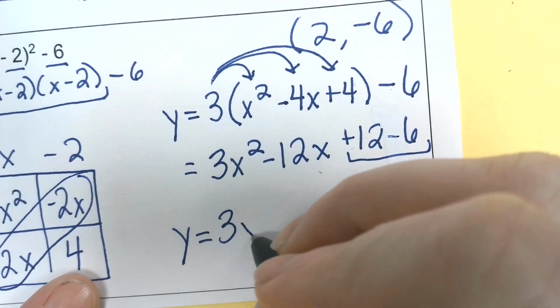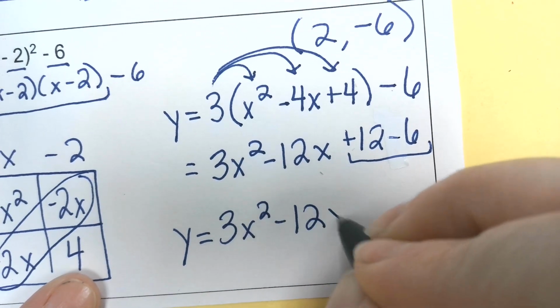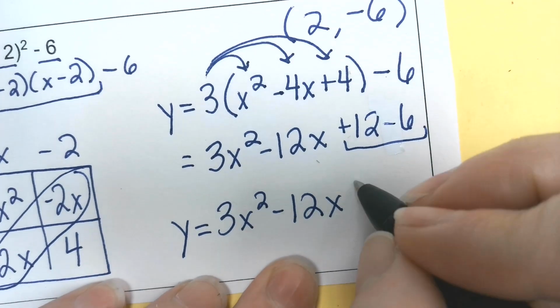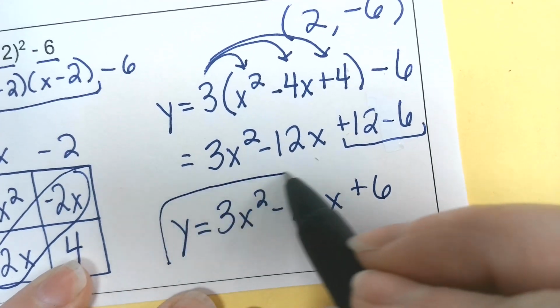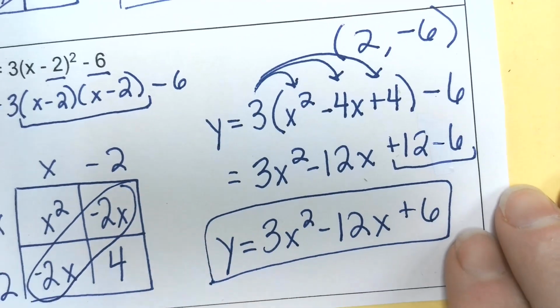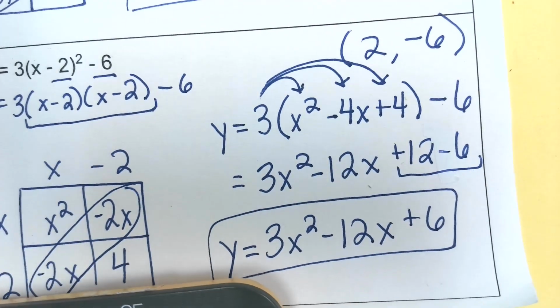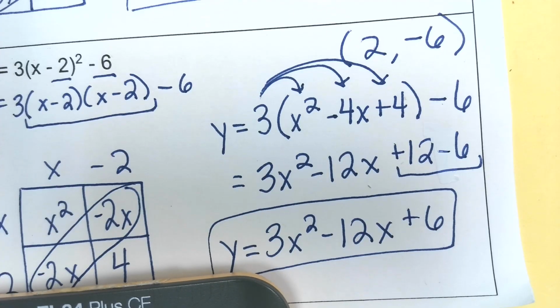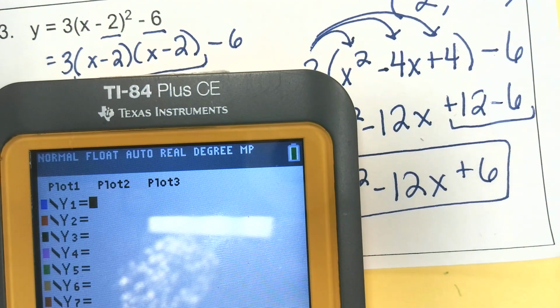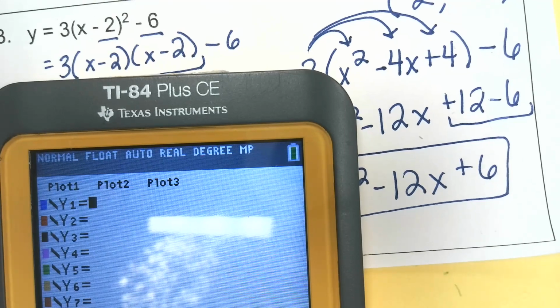So we still have the 3x squared minus 12x. And then 12 minus 6. 6? Yep, so plus 6. Good. So go to y equals, and let's put in our vertex form and check and make sure we did our vertex right.